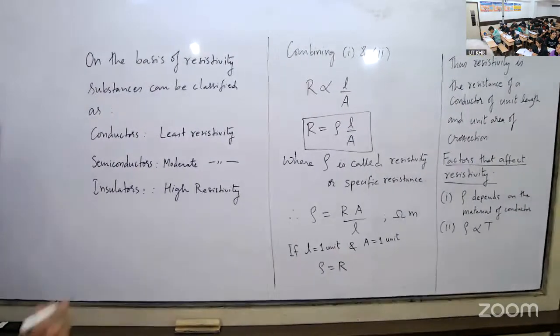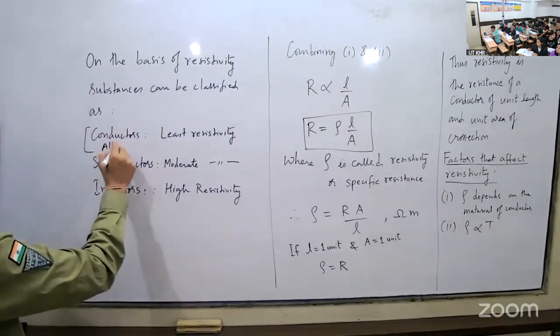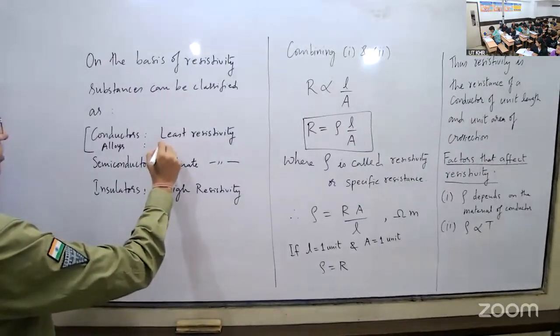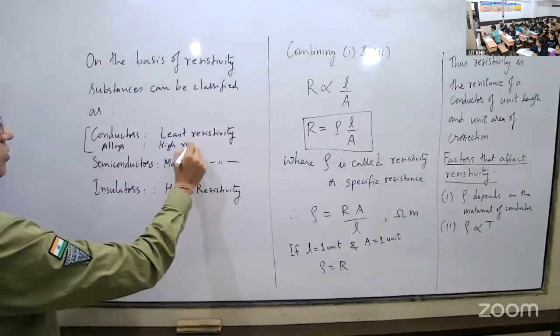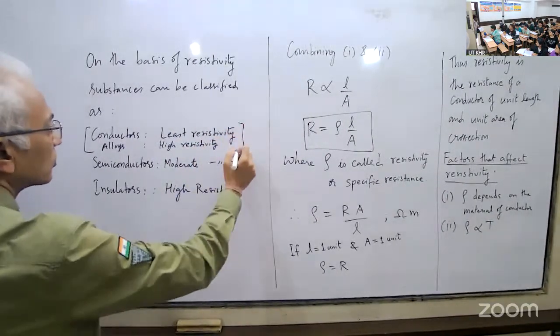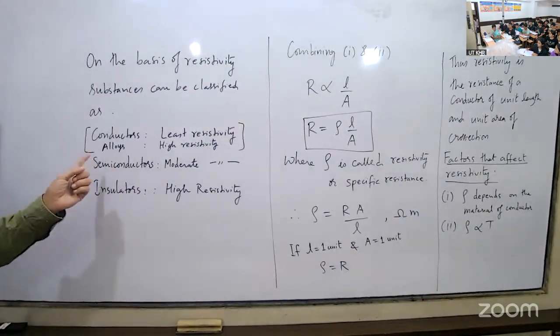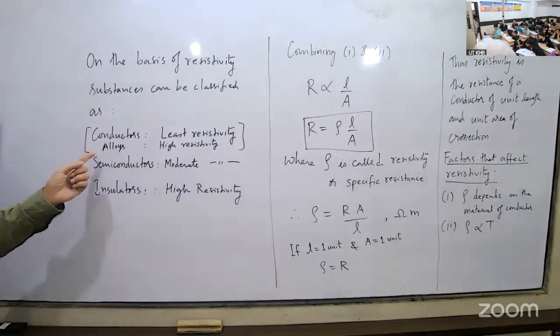Among conductors, you also use alloys. Alloys are mixtures of conductors, like nichrome and manganese.